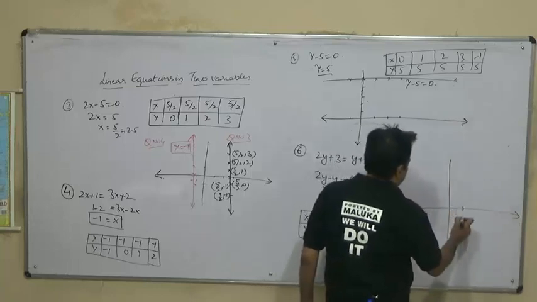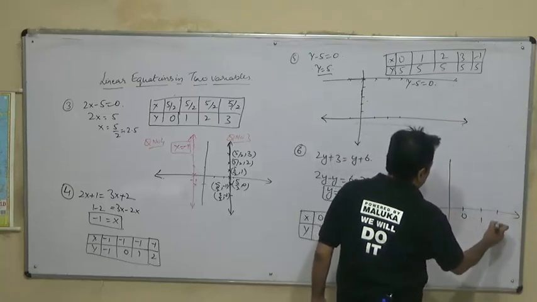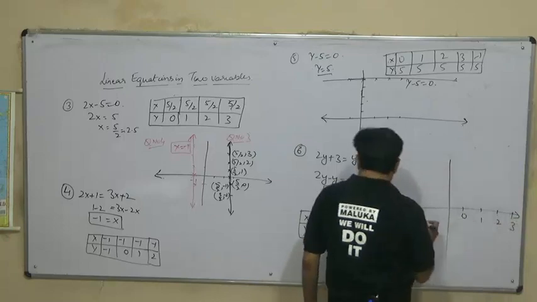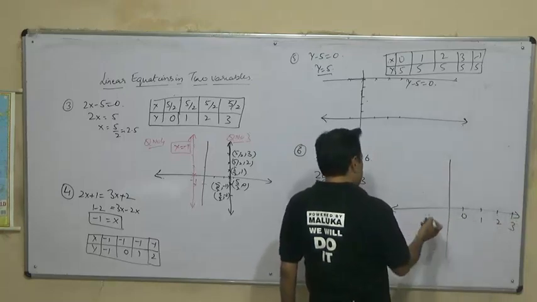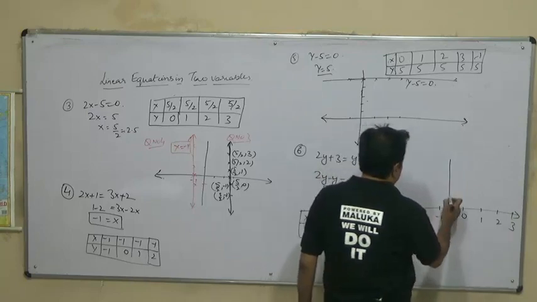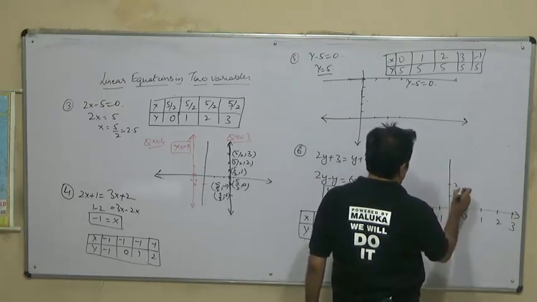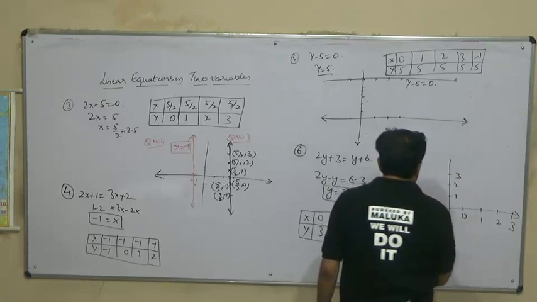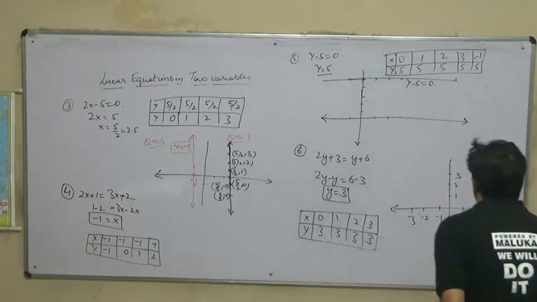x can be 0, 1, 2, 3, or it can be minus 1, minus 2, minus 3, this is 1, this is 2, this is 3. So value of y is always 3.